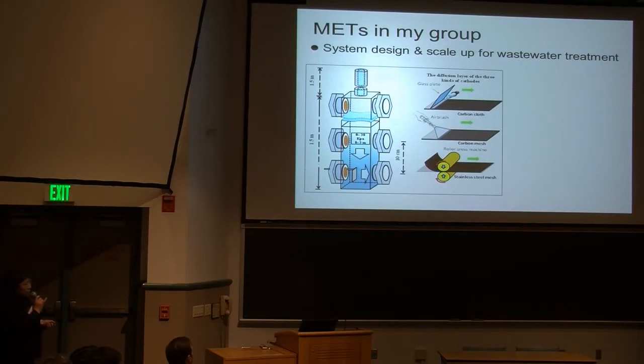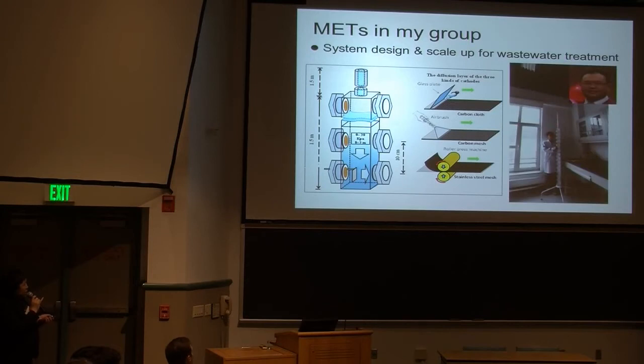Recently we also did interesting research comparing three kinds of cathode materials: carbon cloth, carbon mesh and activated carbon, to see which one can work best at high water head. The results are very interesting.